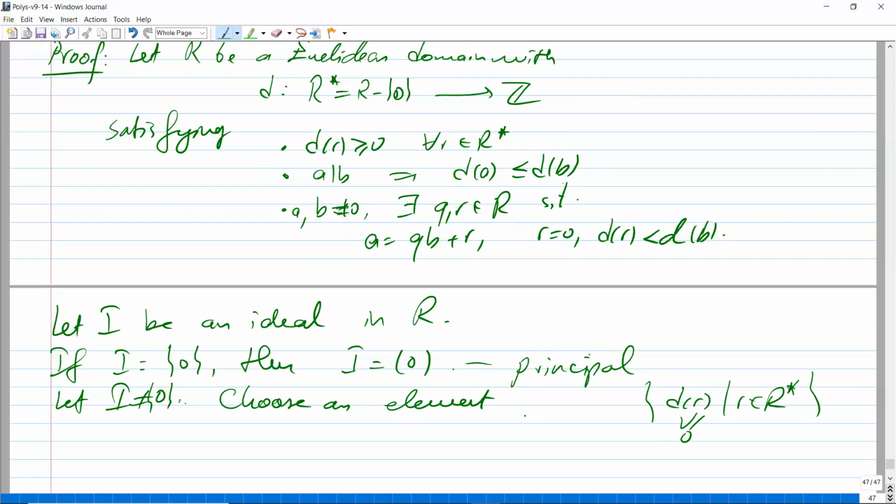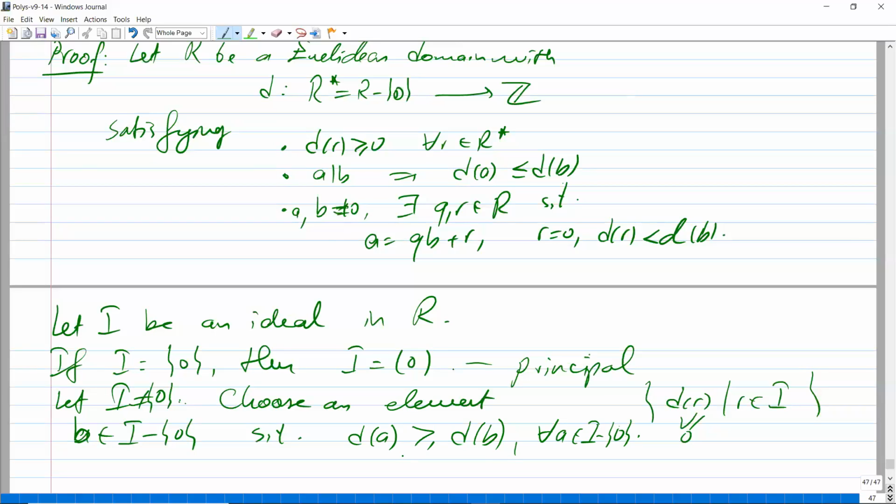Choose an element B in I minus 0 such that d(A) is greater than or equal to d(B) for all A in I minus 0.